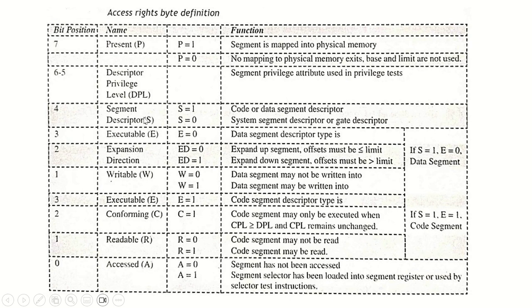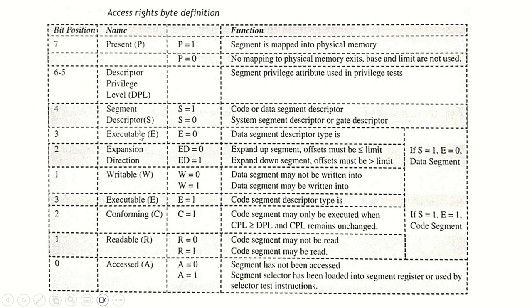The next bit talks about the type of descriptor itself, whether it is a code or data segment descriptor or whether it is a system or a gate descriptor. Right now we are interested in either code or data segment descriptors.